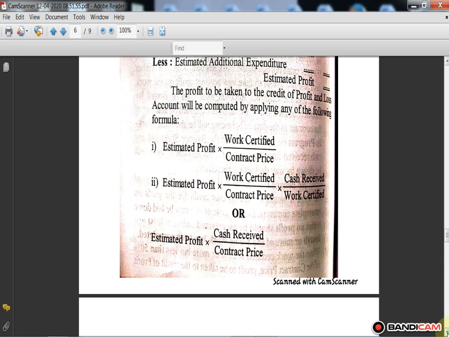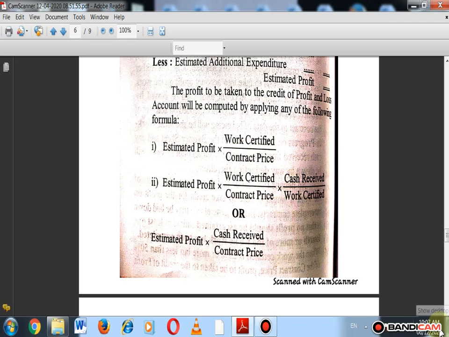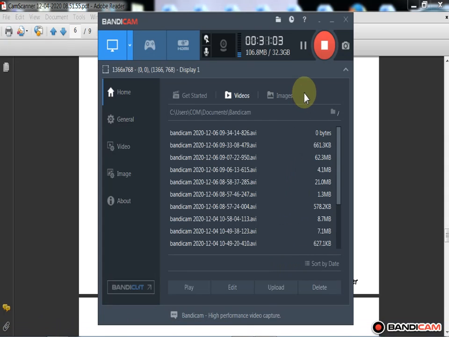Here, work certified is 95% and the contract price is whatever is given in the problem. So put the figures in the formula, and we get the estimated profit of the contract, not the organization. Here, contract is taken into consideration.